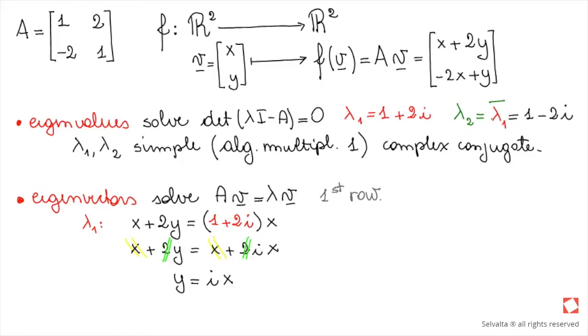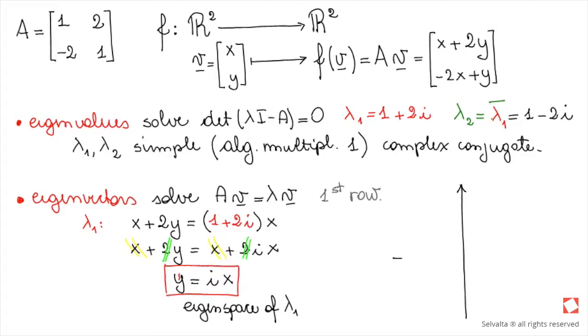This is the algebraic solution of the system, and the collection of vectors whose second component is i times the first is the collection of all the eigenvectors associated to the eigenvalue lambda 1. This set can, of course, be seen as the eigenspace of lambda 1. The difference with the case of real eigenvalues is that in this case the eigenvectors cannot be represented in the plane x and y, which is a real plane.